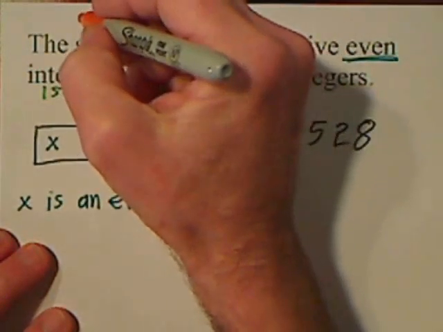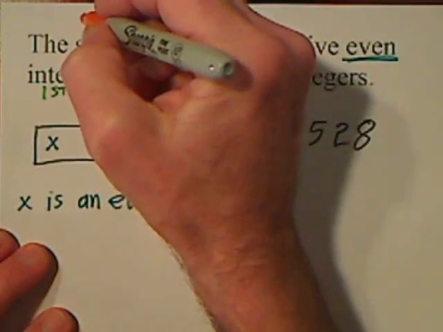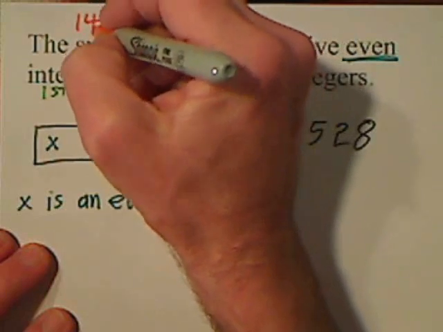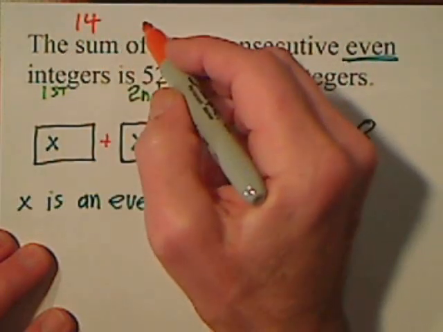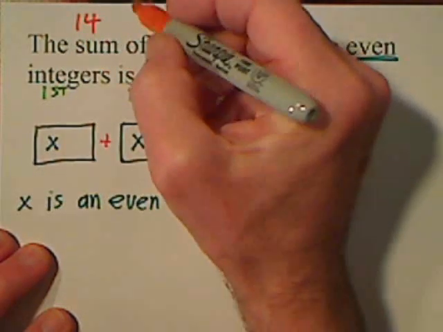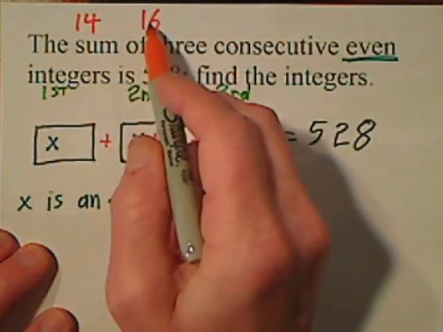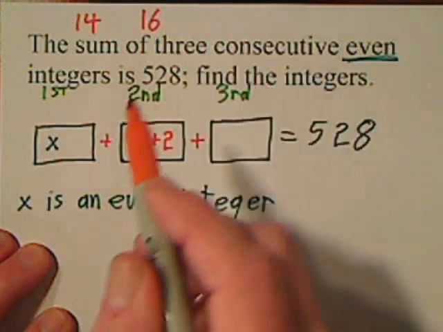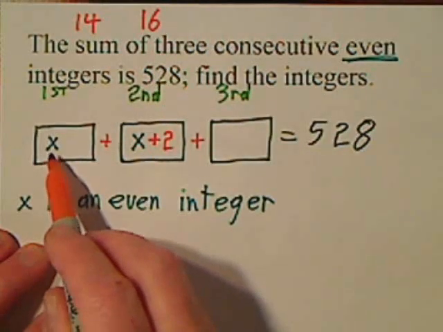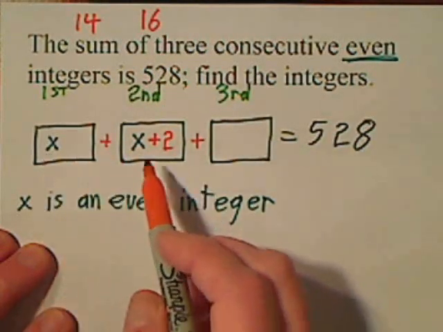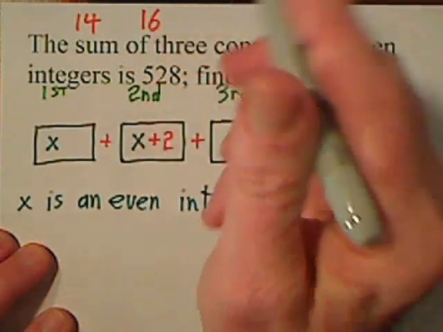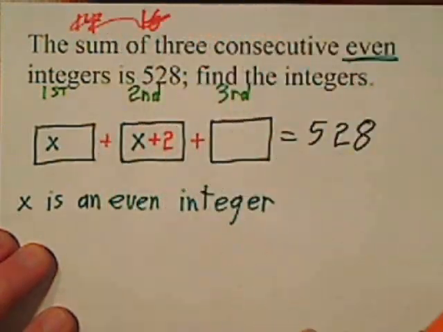And again, just think of that briefly. If I had, let's go with 14, how would I get to the next even integer? That would be 16. I would have to add 2 to get there. I have no idea what x is, except that it's an even integer, so I add 2 to get to the next one.